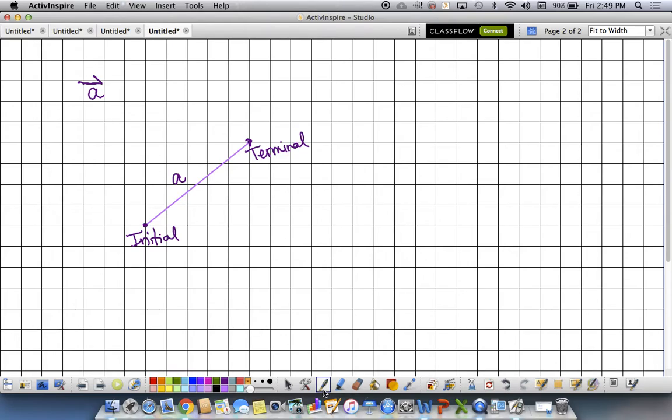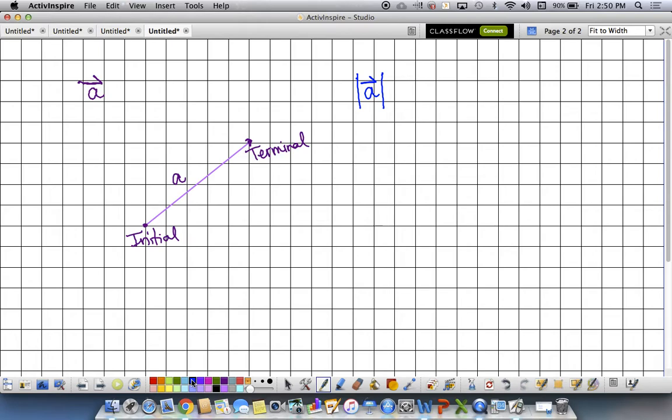Okay? And if I wanted to find the magnitude of vector A, how would I write that? I would draw the absolute value lines, put a little A, and draw that beside it.